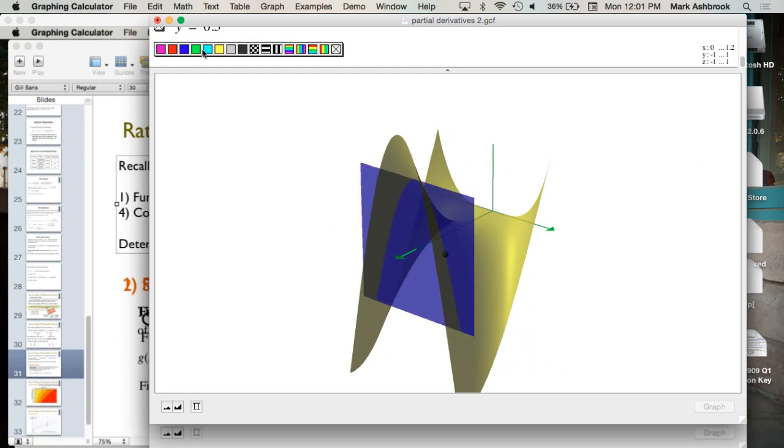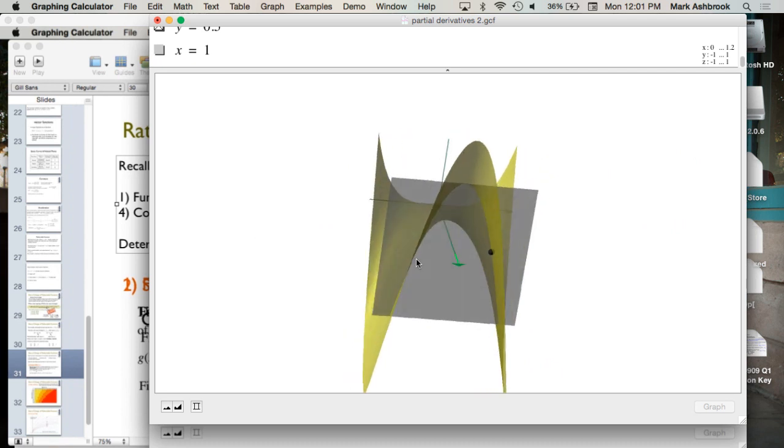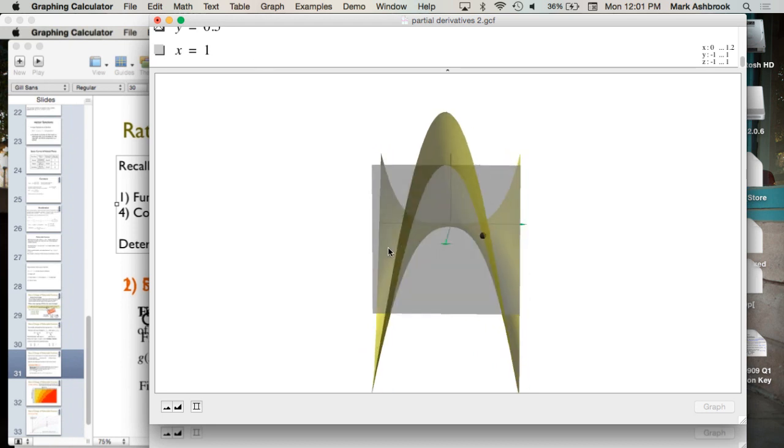Then we're looking at the contour, or the trace, on the surface where y changes. So fix x so that the gray plane is x equals 1, and let y change a little bit, and see what z does.